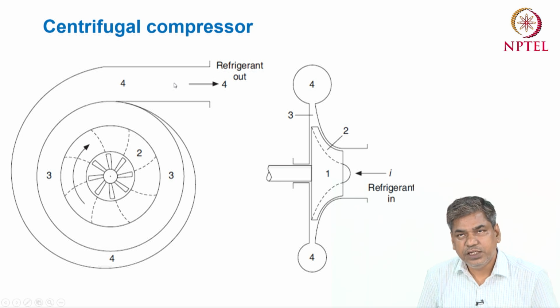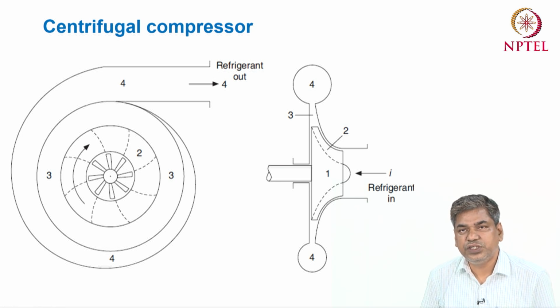But in the centrifugal compressor, there is no change in volume. So for this case we can assume some control volume. The kinetic energy which is given by the rotary vane of this compressor is ultimately converted to pressure energy.